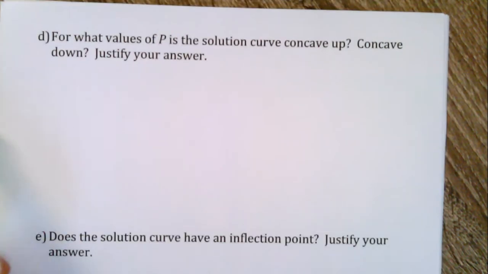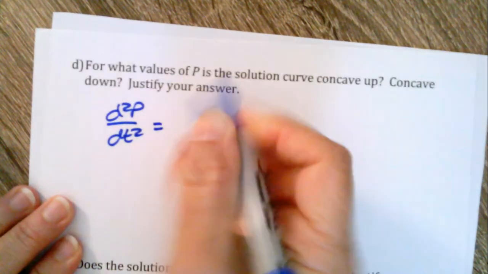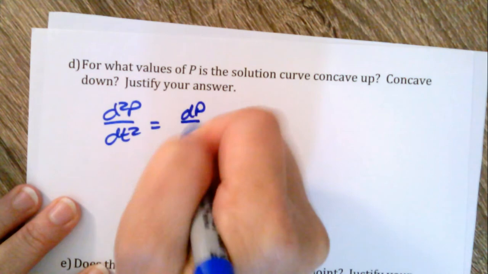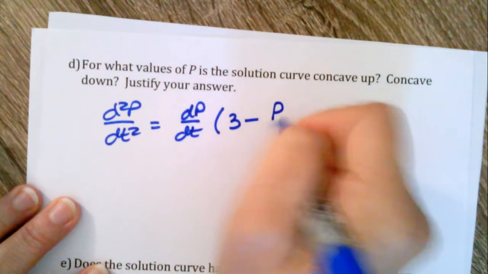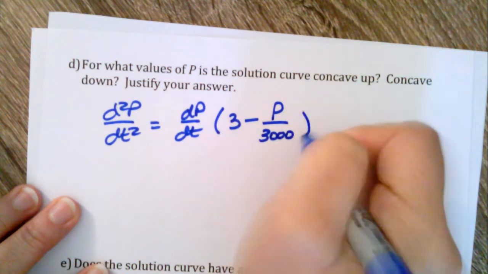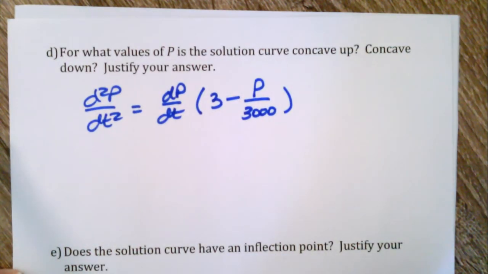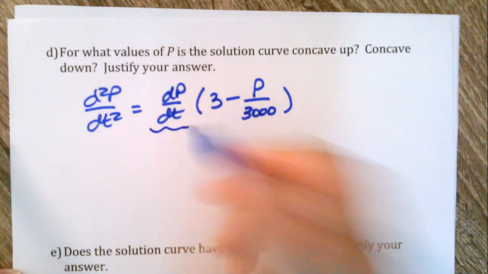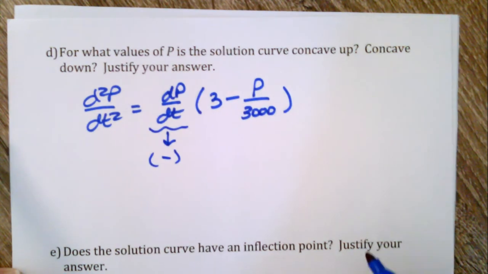All right, so then what about the second derivative? Well, our second derivative is dP/dt times (3 minus P divided by 3,000). For our particular range, remember we've just said that dP/dt is going to be negative.